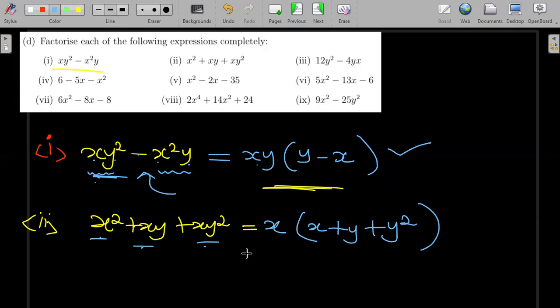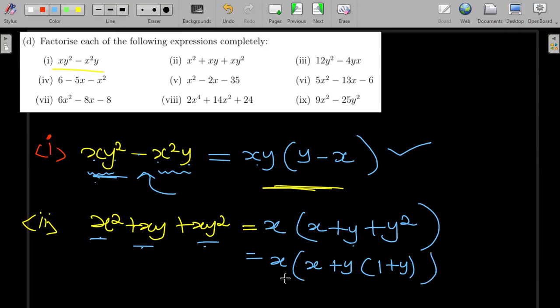We can also factorize this part inside here. So we can say this is x, and then here, I can see that I have y being common between these two expressions. So I can say plus y, and then here I'll just remain with 1 plus y.